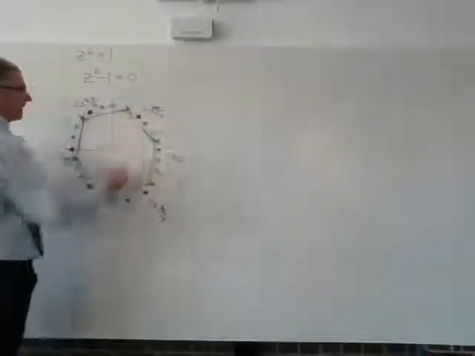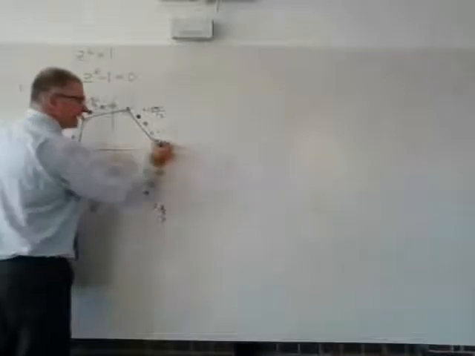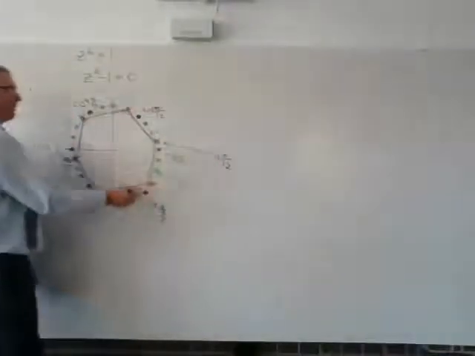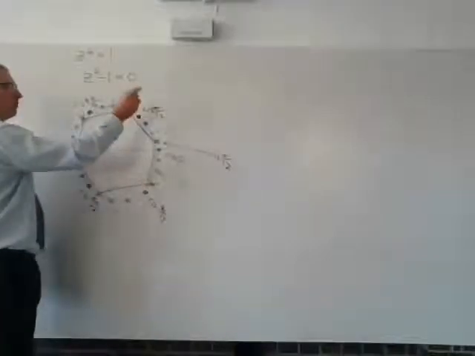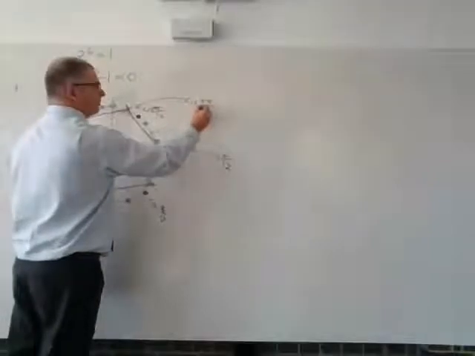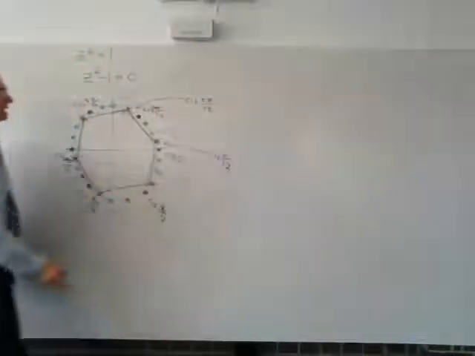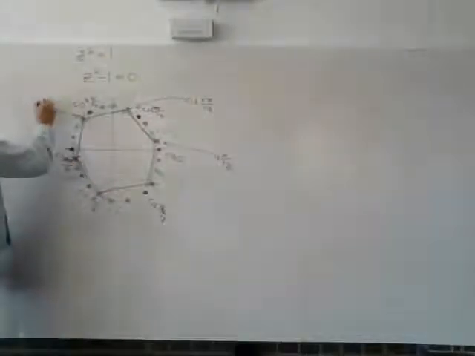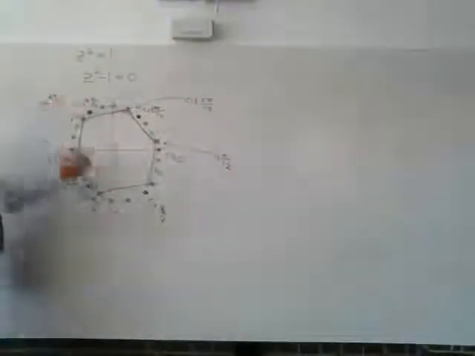This diagram is getting complicated, but we're starting at cis pi on 12, and we're missing 2 pi on 12, 3 pi on 12, 4 pi on 12, and our next one is cis 5 pi on 12. So these are 4 pi on 12 apart still, right? Our next one is cis 9 pi on 12.